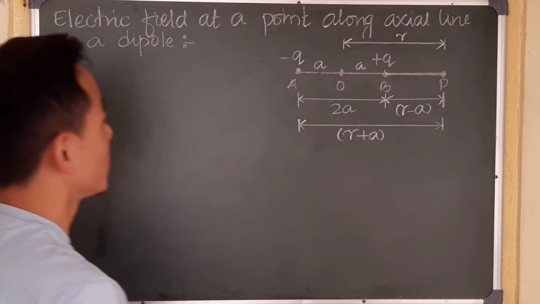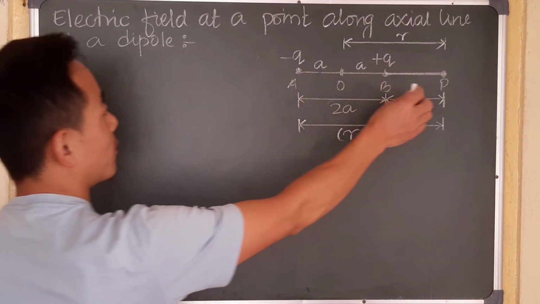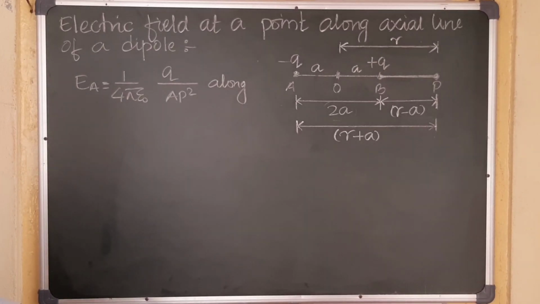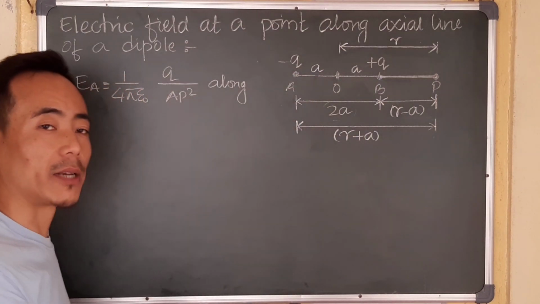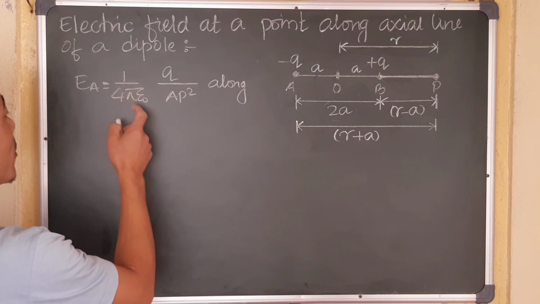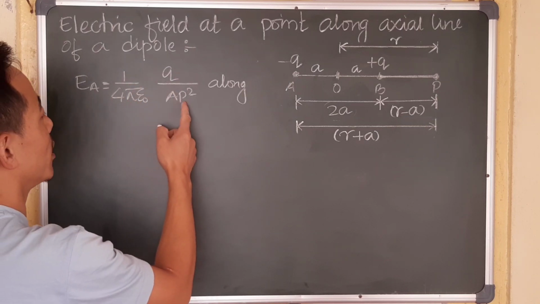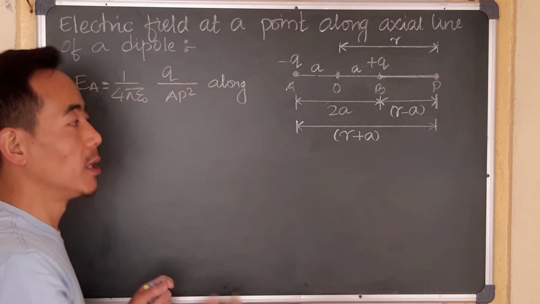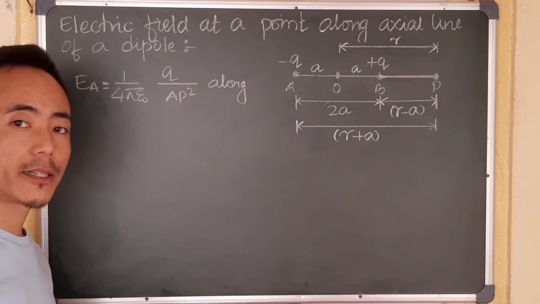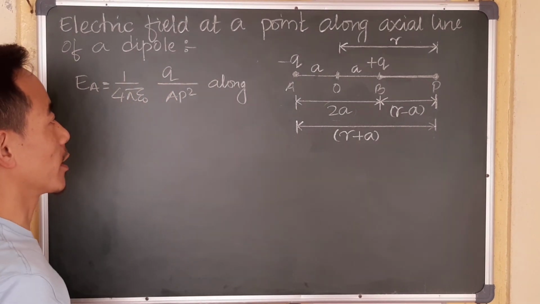So let's start. The electric field at point P due to the minus q charge at A can be written as EA equals 1 by 4 pi epsilon naught q divided by AP square, because the distance between P and A is AP. Since electric field is a vector quantity, it has direction.